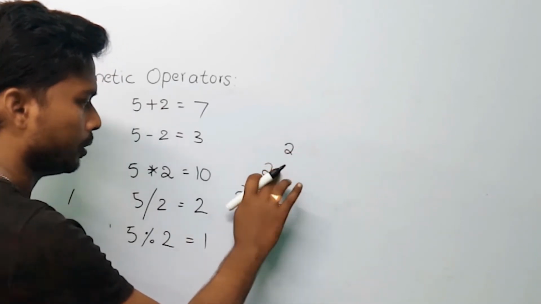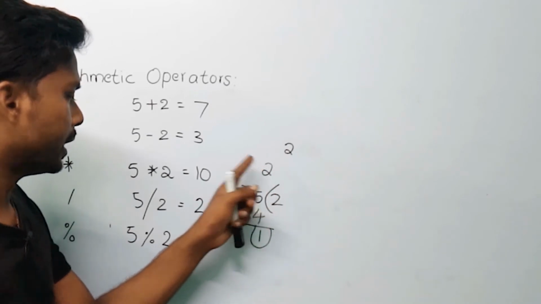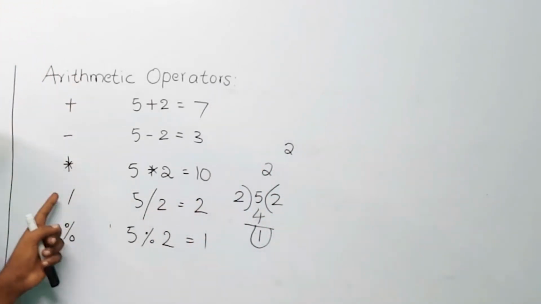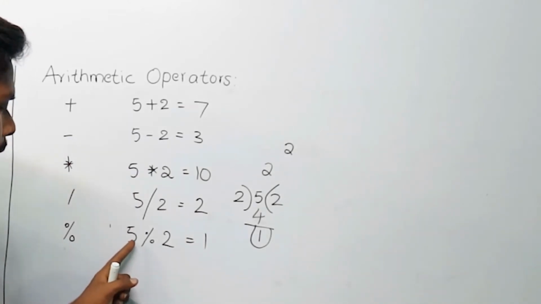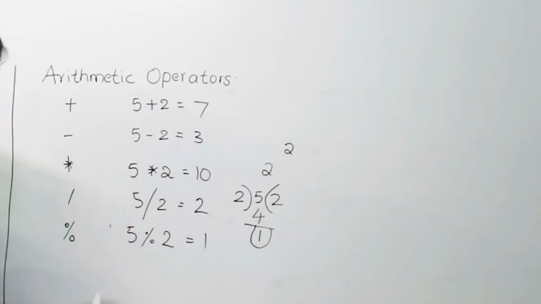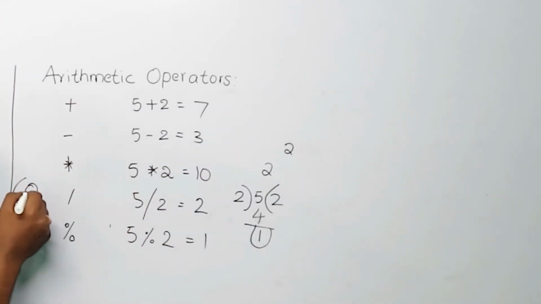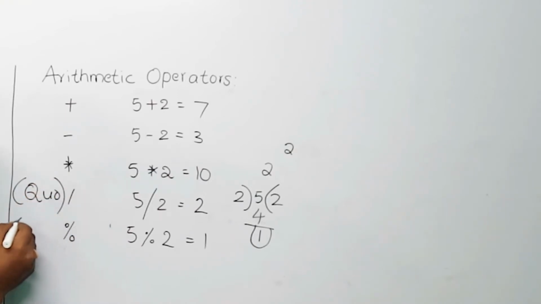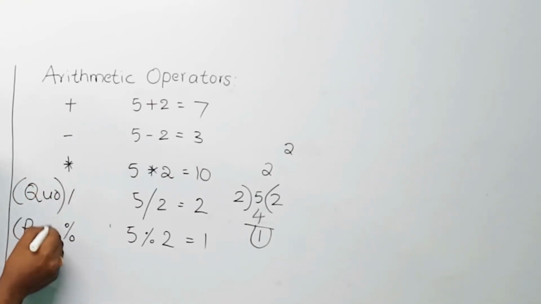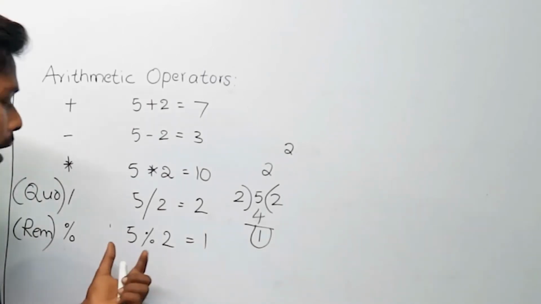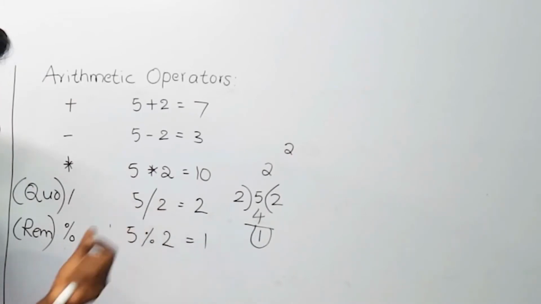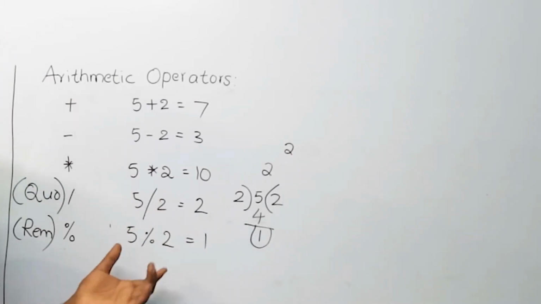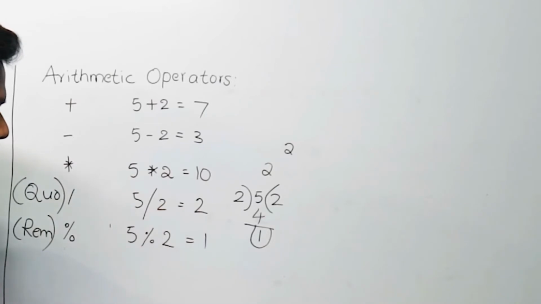The integral value will be left, and that will be returned as the answer. The modulus operator will give you the remainder. This one gives you the quotient, and this one gives you the remainder. Always remember, integral division is carried out in this case.